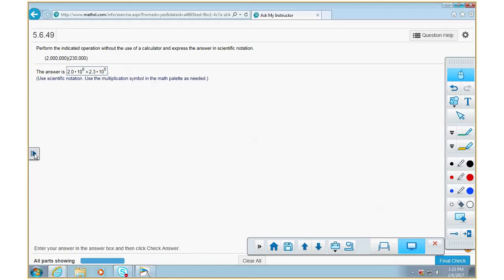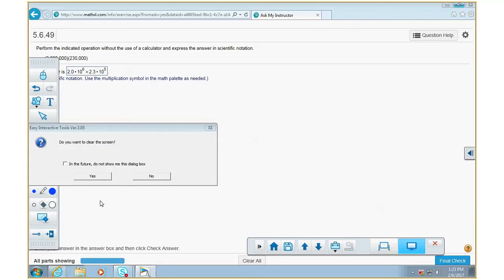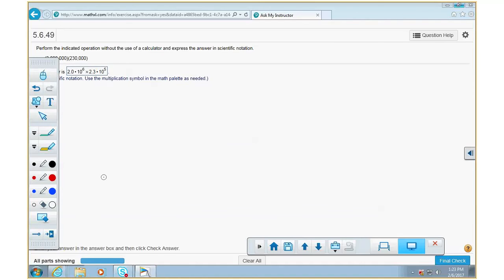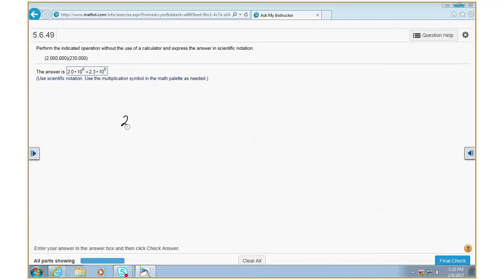All right. So the first one is 2.0 times 10 to the 6th power.